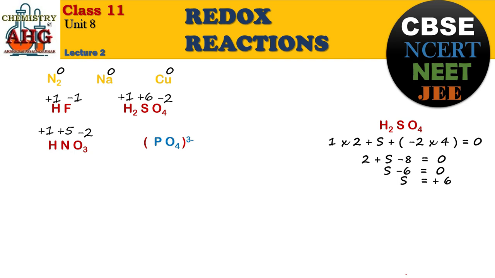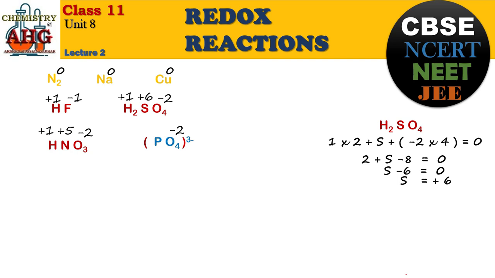Again, from where will I start? You can see, is there any highly electronegative element? Yes. Which one? Oxygen. So what will be the oxidation number of oxygen? -2, because oxygen's most common oxidation state is -2. How many oxygen atoms are we having? 4.